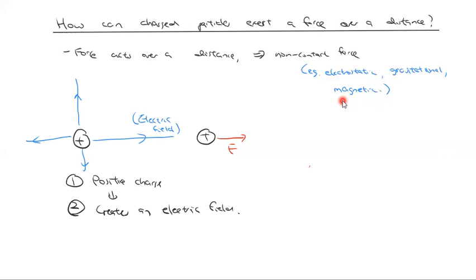And once you've got an electric field, then the next thing after that is this electric field interacts with this positive charge, so particle 2. So particle 2 interacts with the field and kind of feels the force.